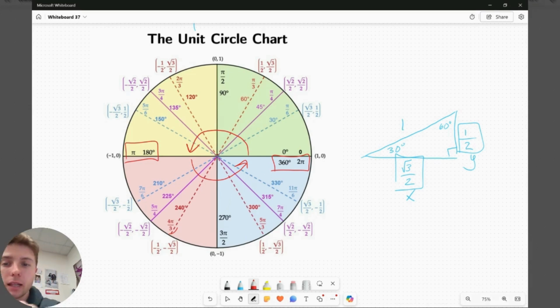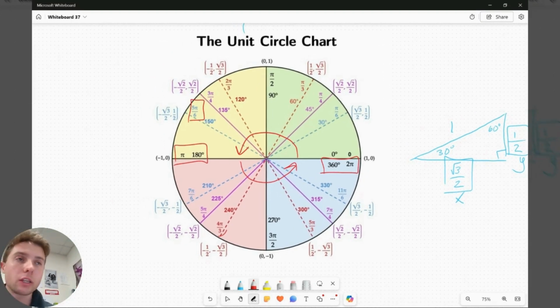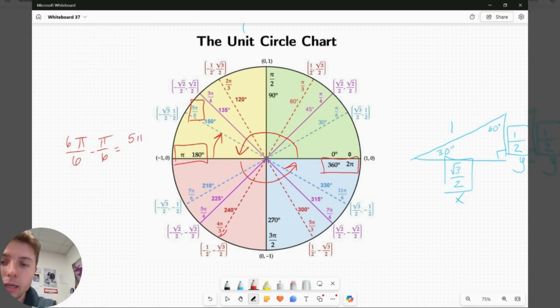For example, if I looked at 5 pi over 6, that is 1 unit before a value of pi. So if I had pi and I wanted to go back to that angle, what I am doing is subtracting pi over 6. In order to combine those, I would need common denominators. So now when I rotate back, that angle is 5 pi over 6.